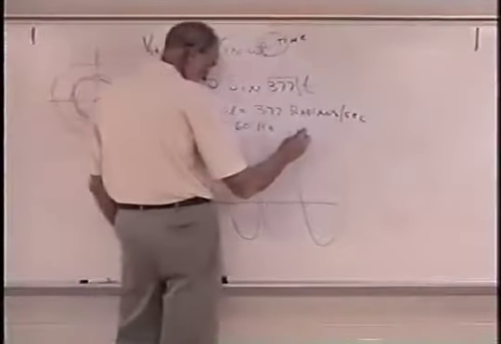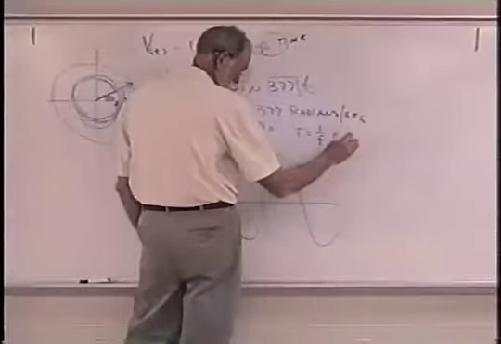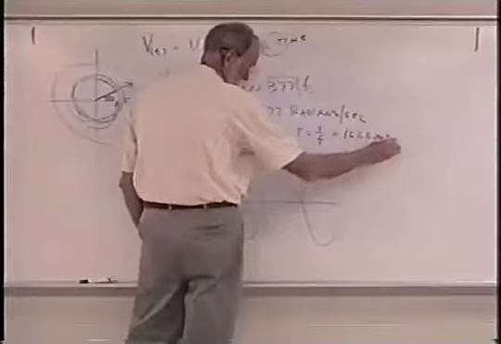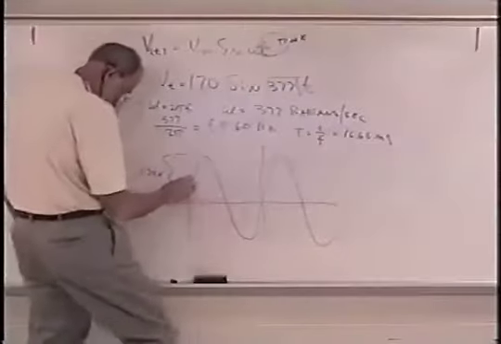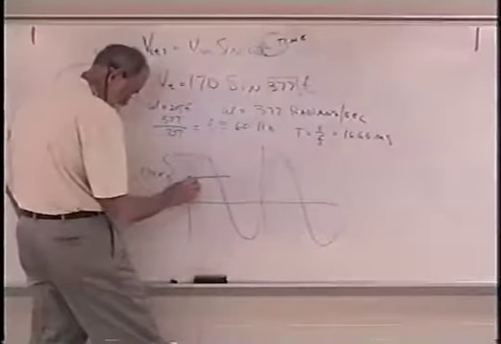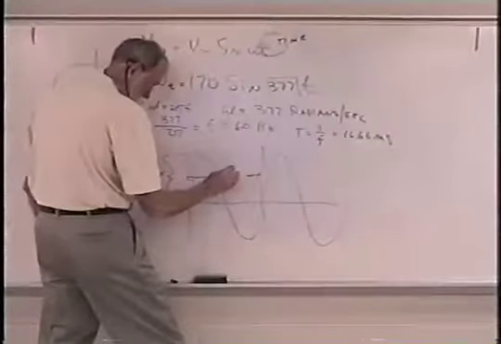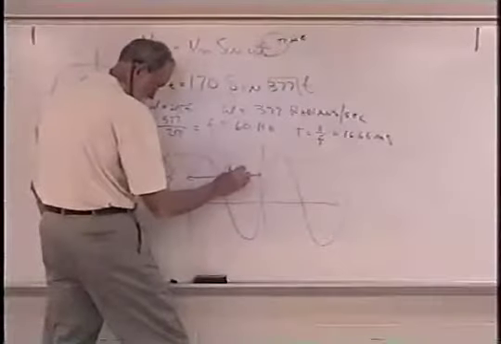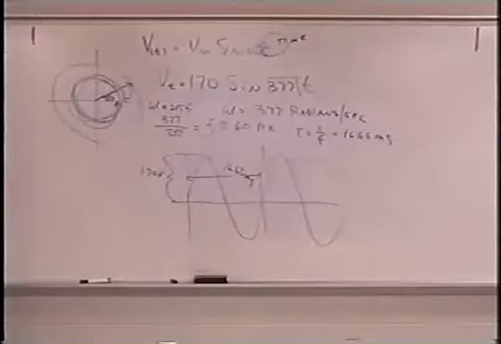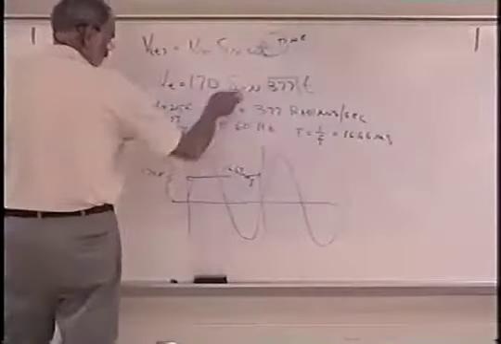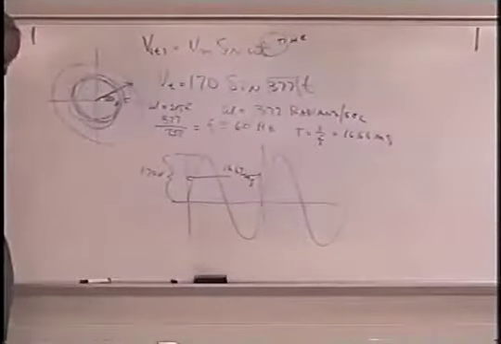If I do the reciprocal of that, I would get 16.66 milliseconds. So the time between the beginning of one cycle and the beginning of the next is 16.6. We'll go ahead and round it off, 16.67 milliseconds. So I can pull the frequency right out of that 377 number, that omega number, just like that.